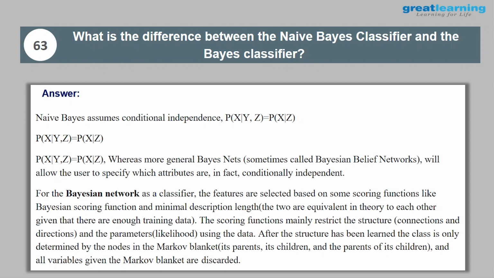The scoring functions mainly restrict the structure, connections and directions, and the parameters' likelihood using the data. After the structure has been learned, the class is only determined by the nodes in the Markov blanket, its parents, its children, and the parents of its children, and all variables given the Markov blanket are discarded.